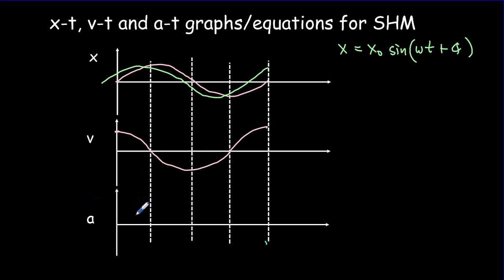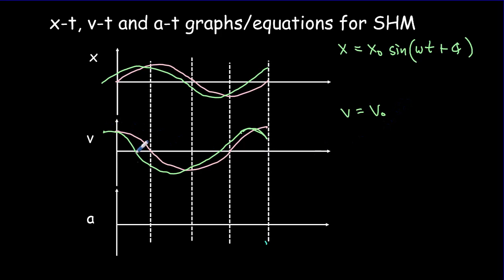Of course, if we now shift it, we add phi in our argument and we shift our curve to the left. So our maximum would occur over here somewhere, and everything is going to be a little bit shifted. Something like that. And of course, our curve would have to be v equals v naught, the maximum velocity.